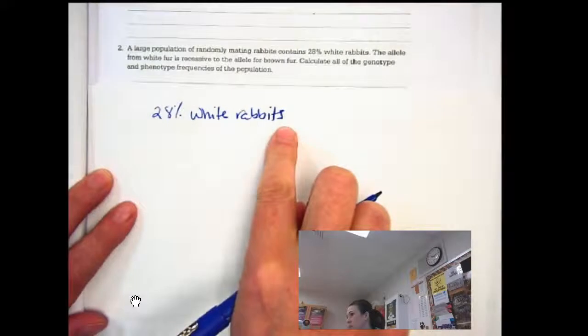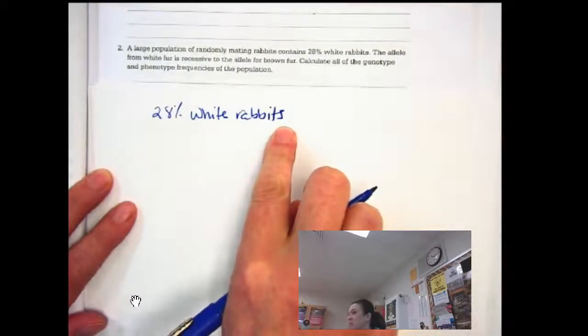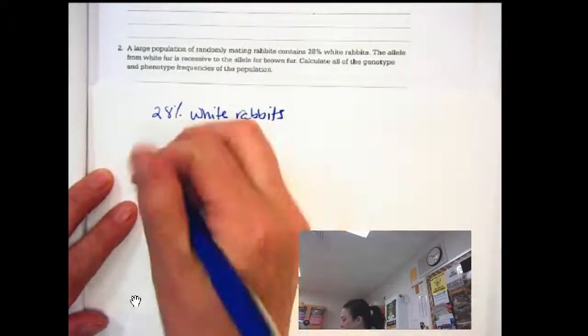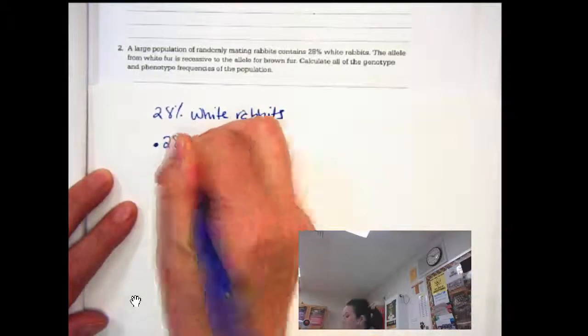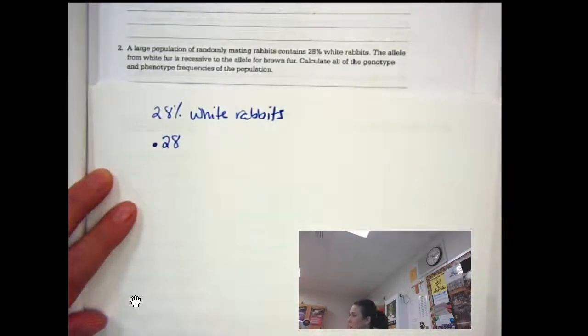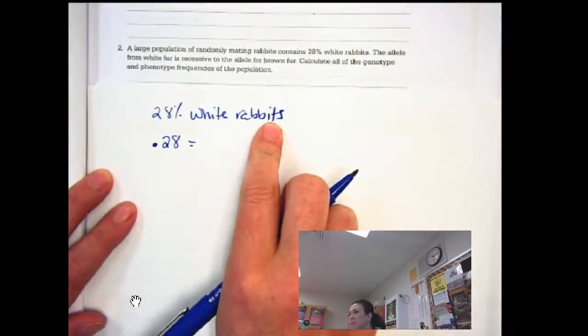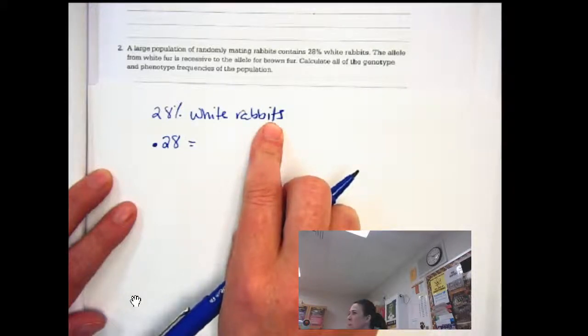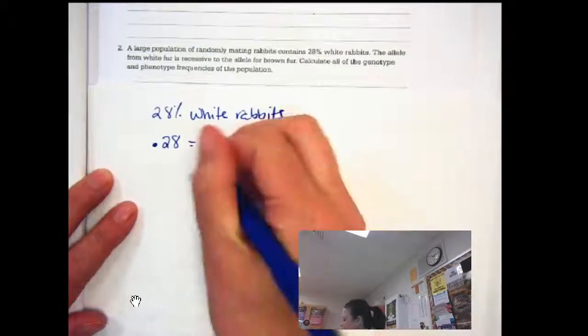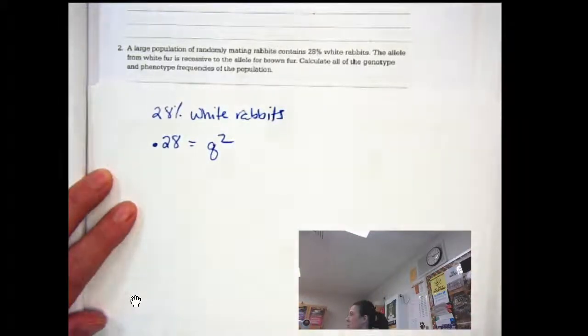Now that I know white is the recessive phenotype, I'm going to change this to 0.28, getting it out of a percentage. P, Q, Q squared, P squared, 2PQ, what is that? All right, that's Q squared. So now I have that.